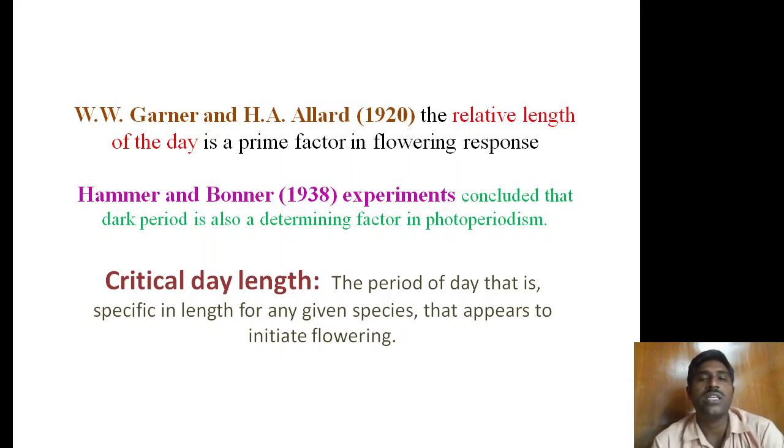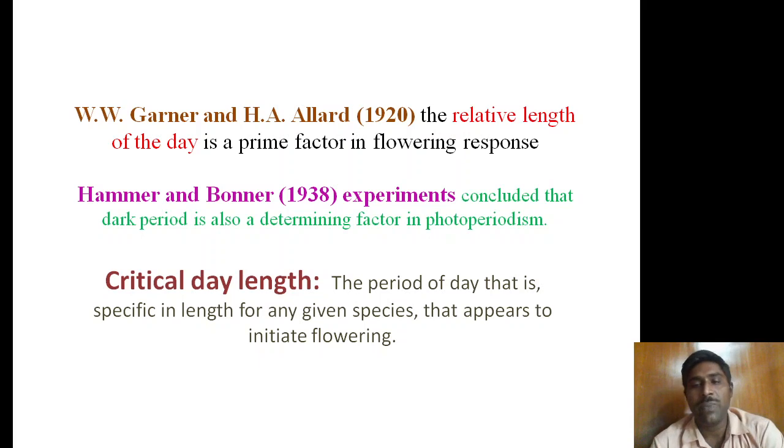Garner and Allard said the day period is important for the flowering response, but Hamner and Bonner concluded that the dark period is also an important factor which expresses the flowering response in plants. Okay. Then the critical day length.